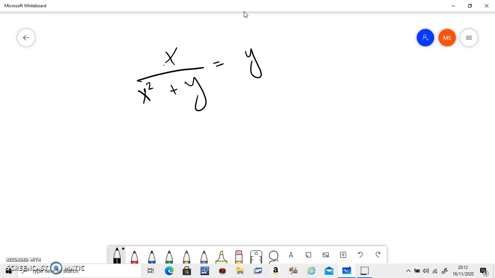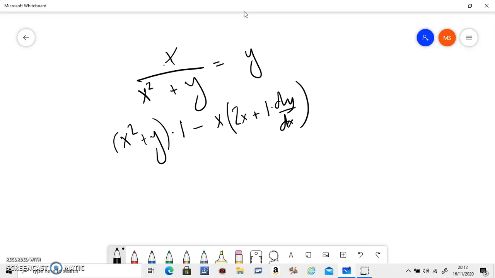On the left hand side you'll have to use the quotient rule. You can go back and recall it, but I will directly do it. The bottom times the differentiation of the top, minus the top times the differentiation of the bottom. Now the differentiation of x squared is 2x. What is the differentiation of y? The differentiation of x is 1, so the differentiation of y should be 1 times dy by dx. So whenever you see y, multiply it with dy by dx.